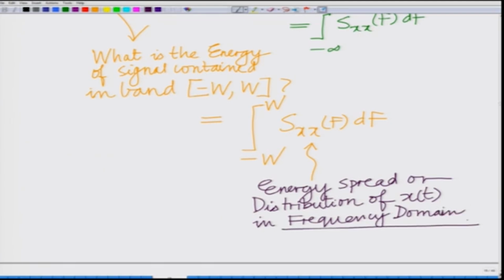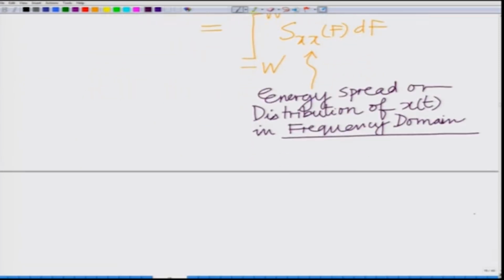This is therefore Sxx of f, which is giving me the density of energy over the frequency axis. This is known as the energy spectral density. Sxx of f equals magnitude X of f square.